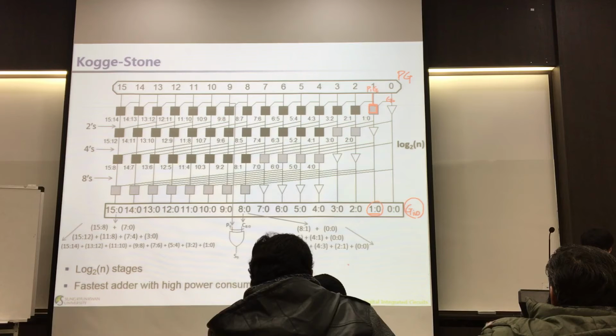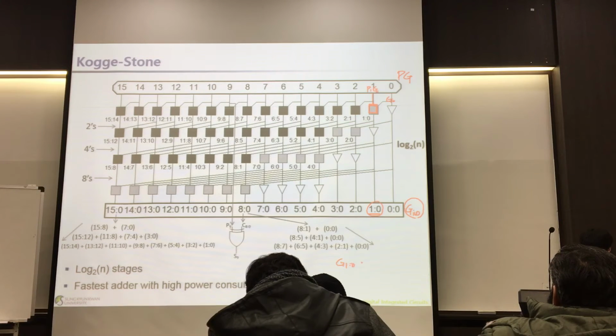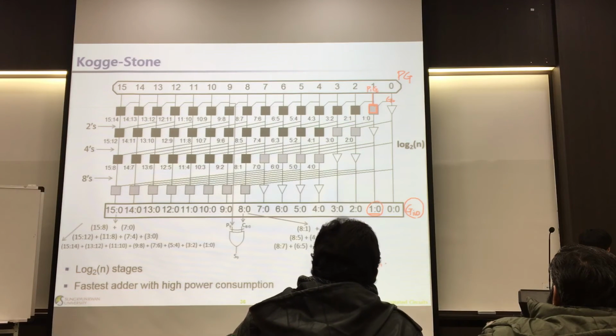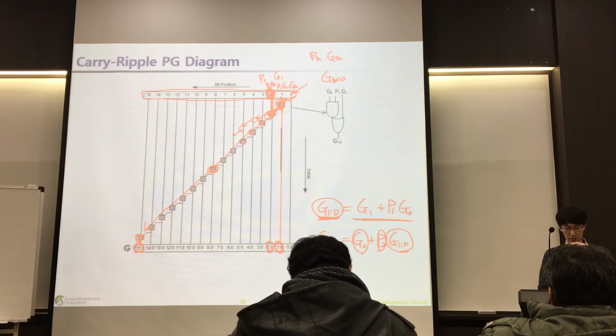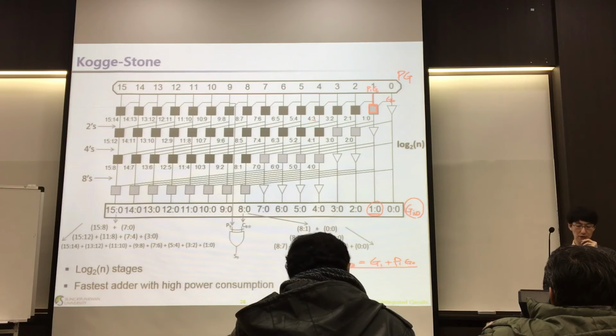So G1 through 0 is G1 plus P1 G0. This is identical to the first stage, right? So that's no problem.